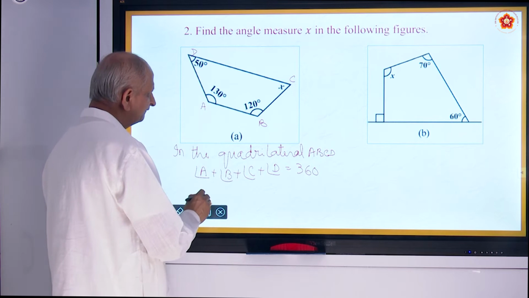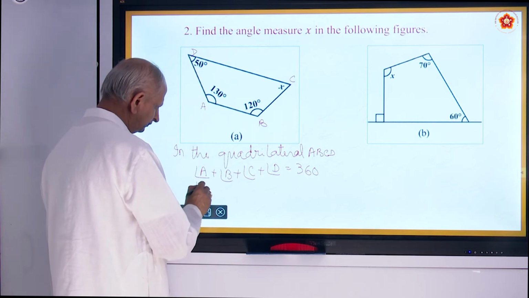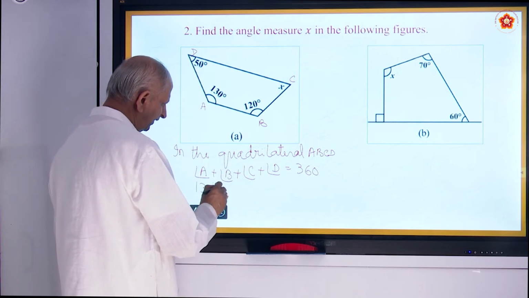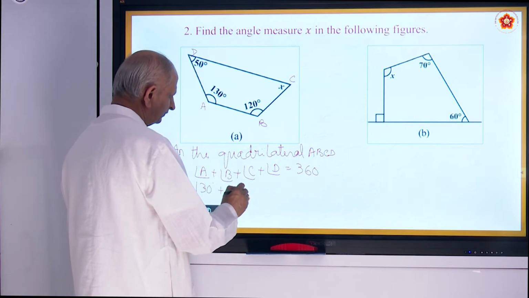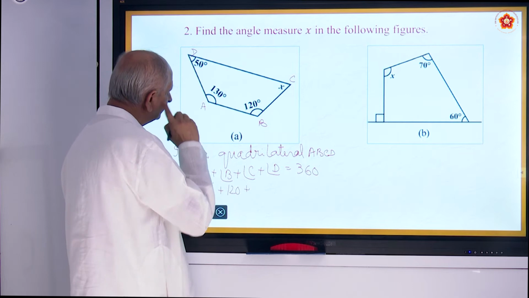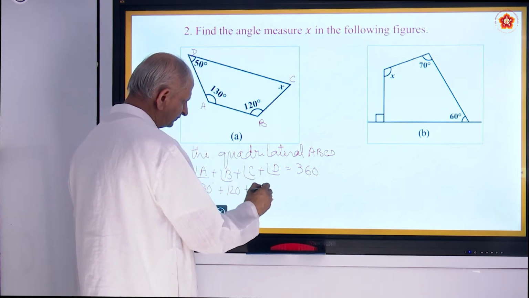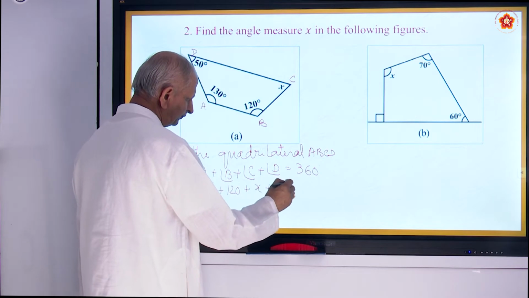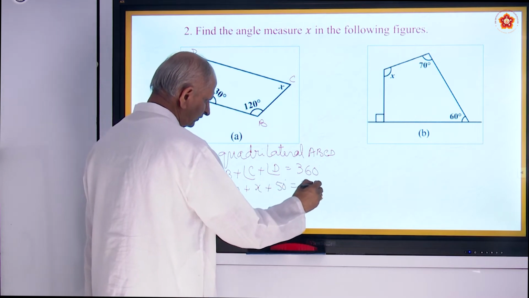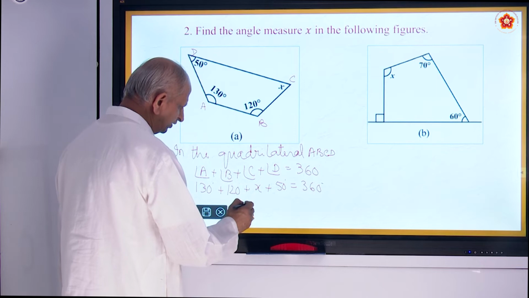Now, what is A? 130. What is B? 120. What is C? Don't know, call it X. What is D? 50. The sum is equal to 360 degrees. Now, what is X equal to?